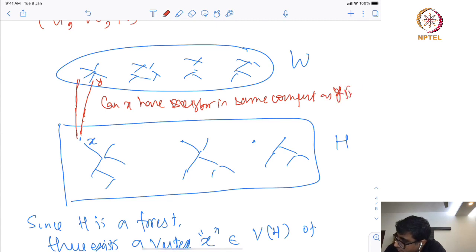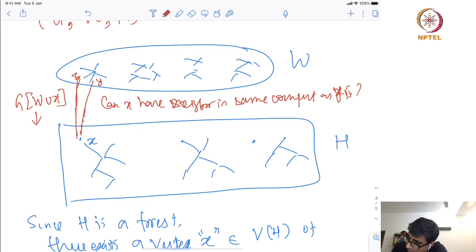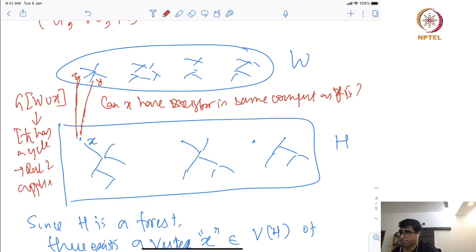Well, no, because suppose I had this Z, then look at the graph induced on W union X: it has a cycle, so rule 2 applies.